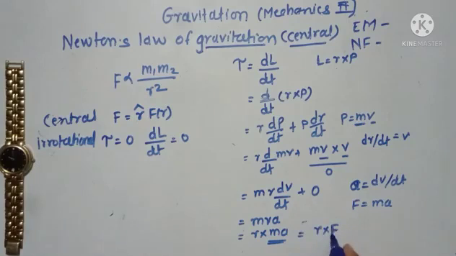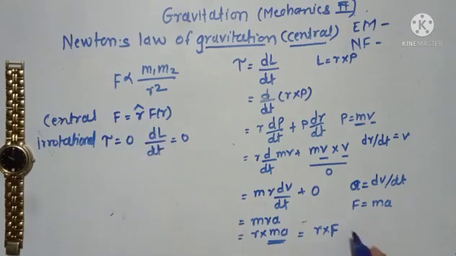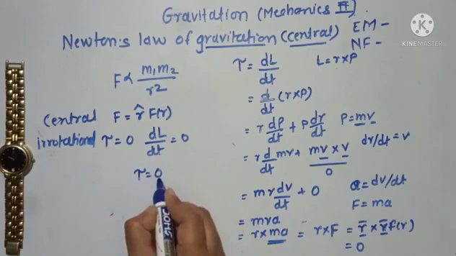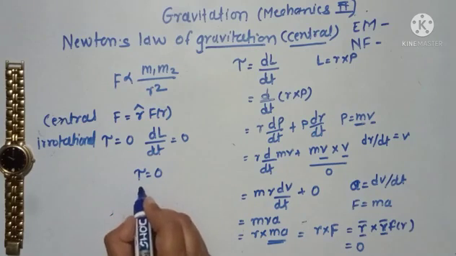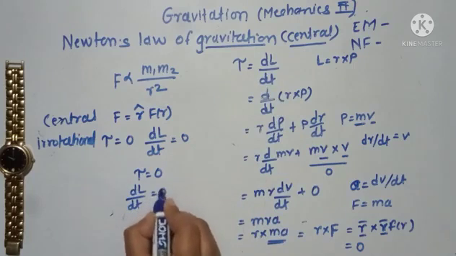Now we know that this force is a central force field, and it is represented by r-hat into f of r. So if I write it as r cross r-hat f of r, again these two vectors are parallel, and we know that the cross product of a vector with itself is equal to 0. So this term will become 0. So we can write that tau is equal to 0, or dL/dt is equal to 0.